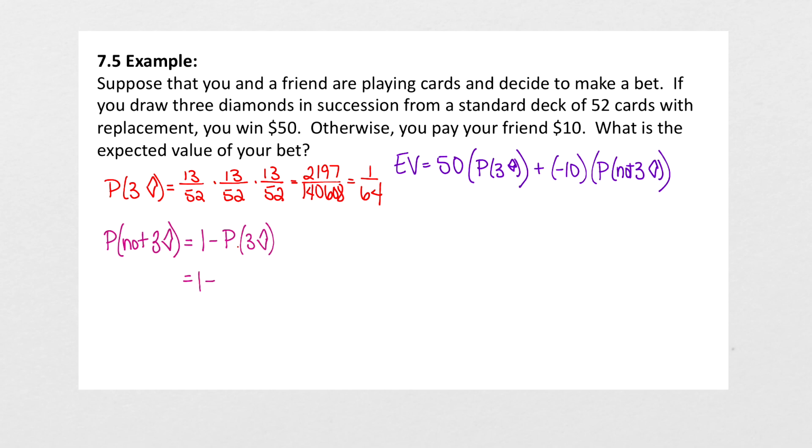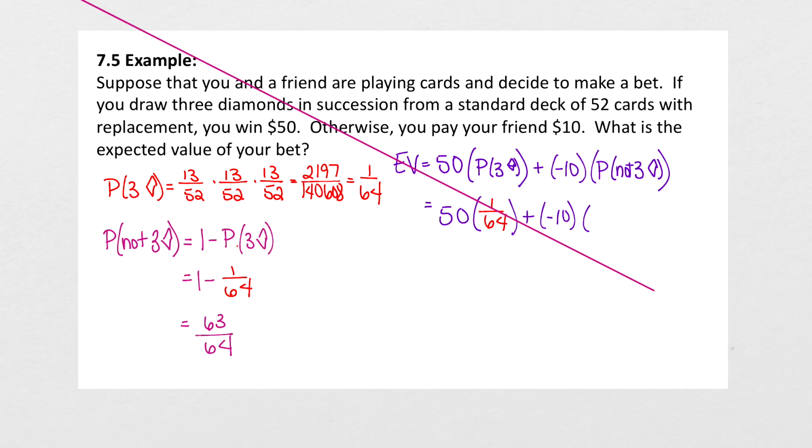So 1 minus 1 over 64, or 63 over 64. So we can go back to our expected value equation and plug in our probability for 3 diamonds and our probability for not getting 3 diamonds.